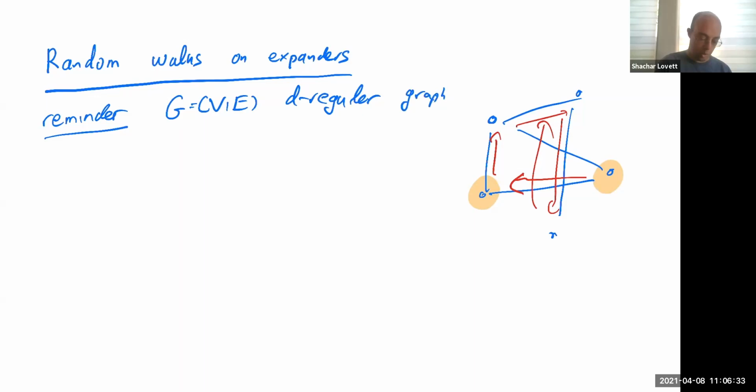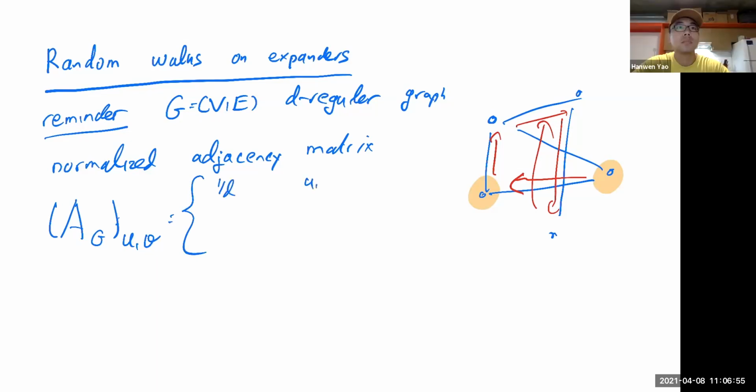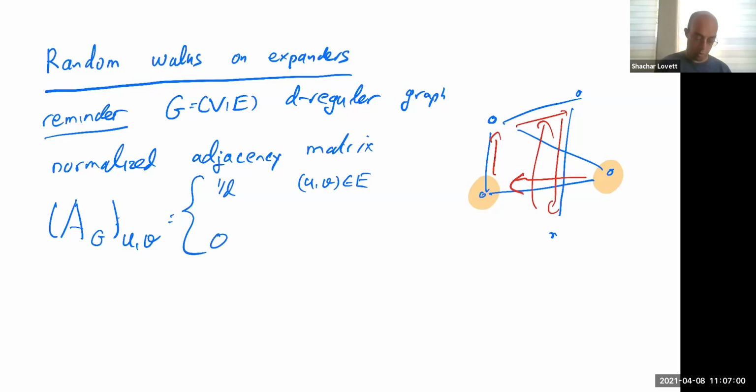Look at the normalized adjacency matrix, the matrix whose value at coordinates UV is either 1 over D if UV is an edge, or 0 if it's not an edge.